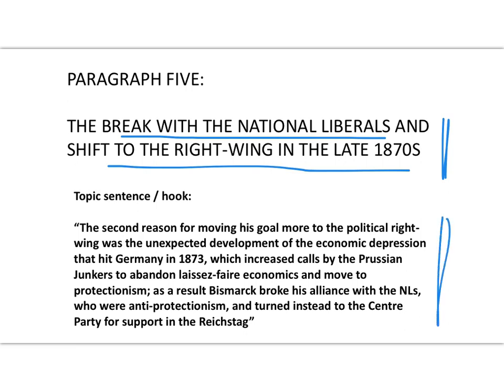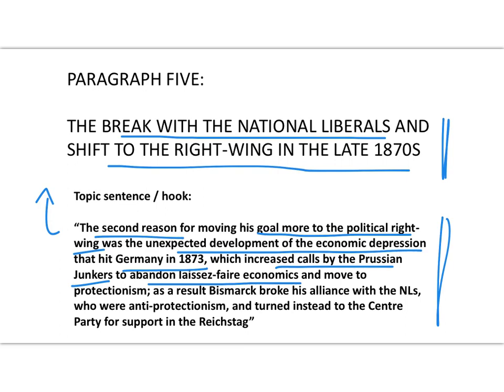The second reason, see, again, there's a natural link, because in your previous paragraph you said the first reason for moving his goal more to the political right wing was the unexpected development of the economic depression that hit Germany in 1873, which increased the calls of the Prussian Junkers, the upper classes, to abandon leave-alone economics.